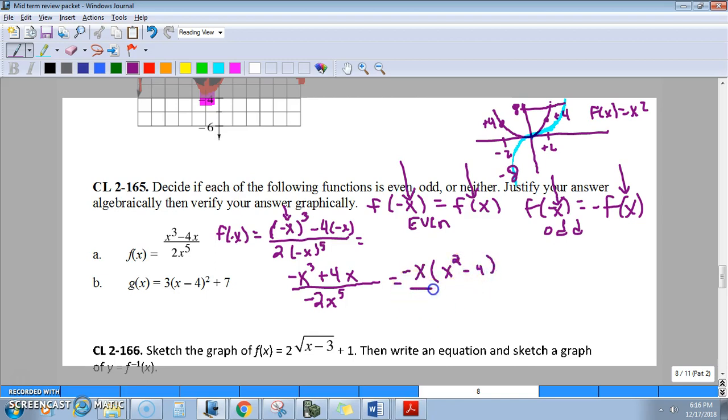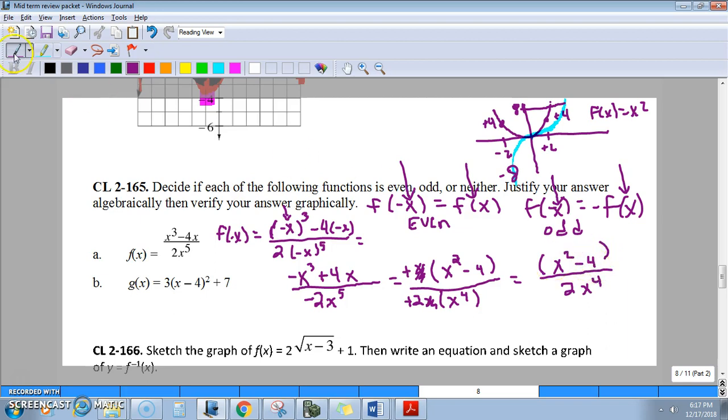And I did that on purpose because I also wanted to factor out negative 2x. What do I have left over? x to the 4th. Okay, and I wanted that because this becomes positive and this x cancels with this x. So my reduced form, if I enter in a negative x, is going to be x squared minus 4 over 2x to the 4th, positive.